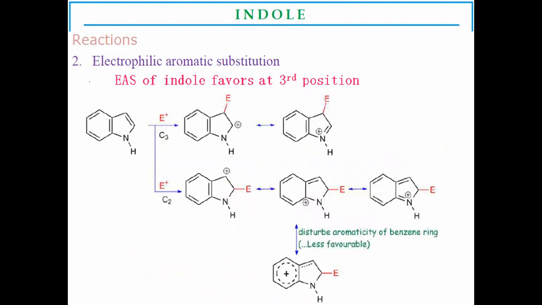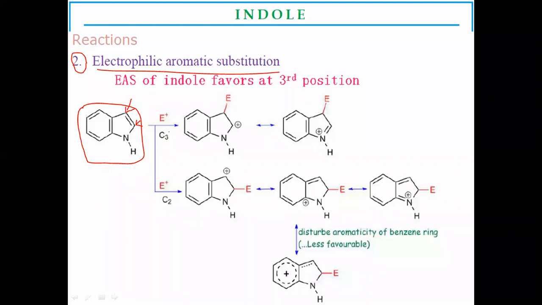Now move on to the second reaction of indole, that is electrophilic aromatic substitution reactions. That is electrophilic substitution reactions. Here, this is the structure of indole. If electrophilic aromatic substitution occurs on indole, there is a chance of electrophilic substitution at the 2 and 3 positions majorly.